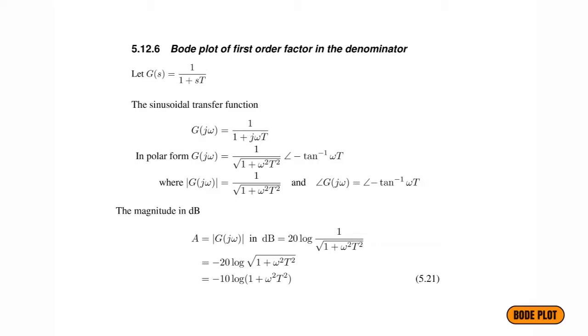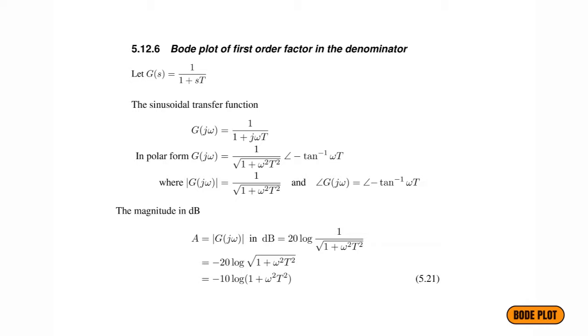The magnitude is 1 by square root of 1 plus omega square tau square, and the phase is tan inverse of imaginary part by real part, that is tan inverse of omega tau. Minus, why minus? Because it is in the denominator. Minus tan inverse of omega tau.